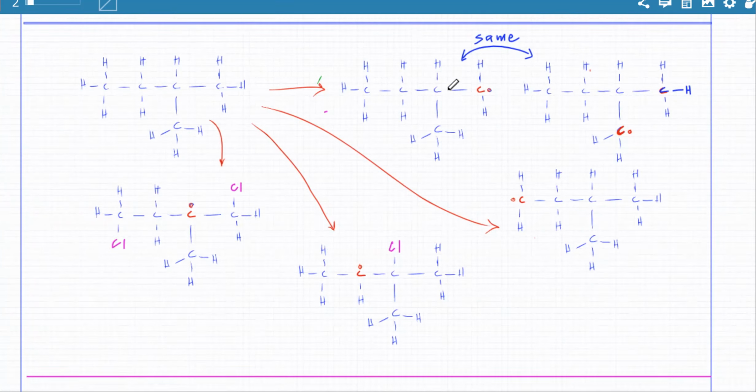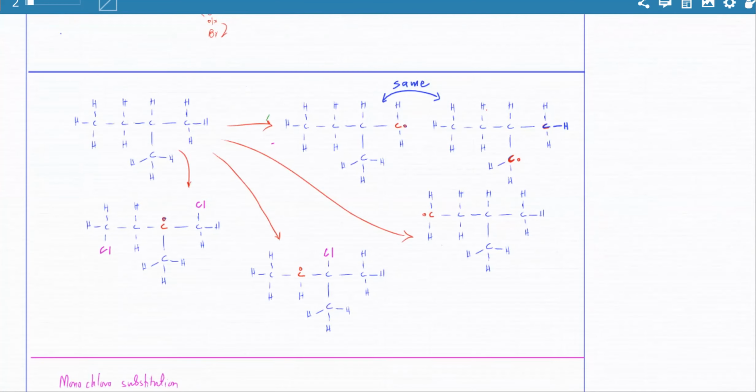These two are the same; this one and this one are similar carbon atoms. They were CH3s attached to this carbon atom. So whether this one turns into a radical or this one turns into a radical was kind of the same thing. And the point is that you'll get a number of different combinations.